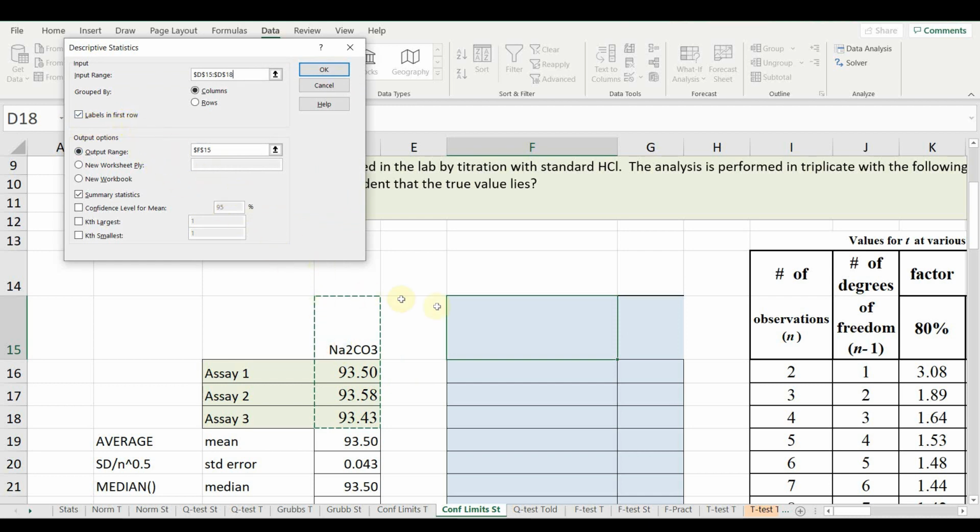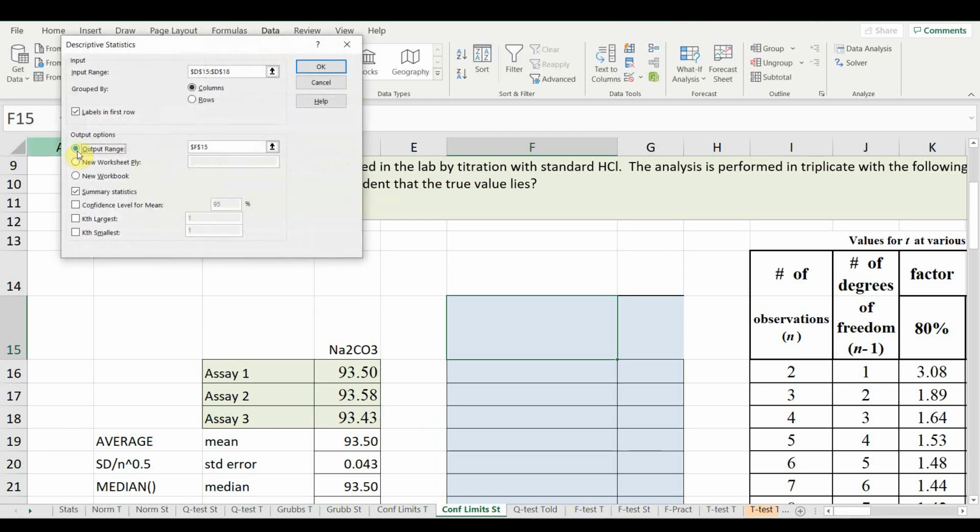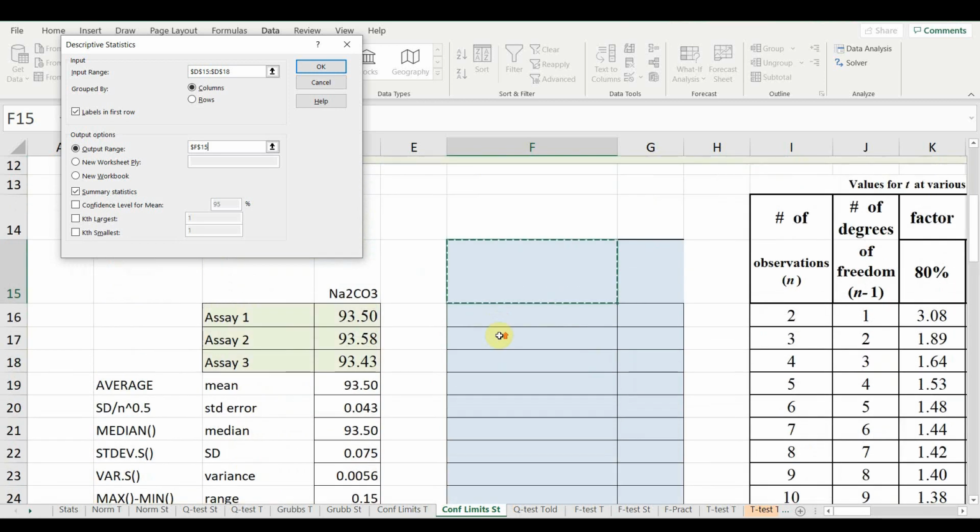That way Excel will label the data. Now, it doesn't really make much sense here because we only have one data set, but you'll see that in later tests that we use where we're comparing 2 or 3 data sets, it makes it much easier to keep track of what data belongs to what analyte. So we'll check that off, Labels in the first row. In Output Range, click your cursor in the cell that represents the top left corner of where the data will be displayed. Just make sure there's nothing below it that's going to be overwritten.